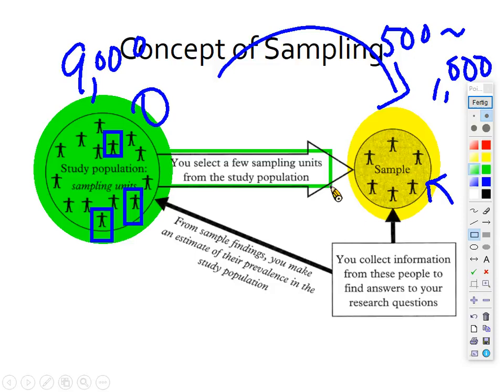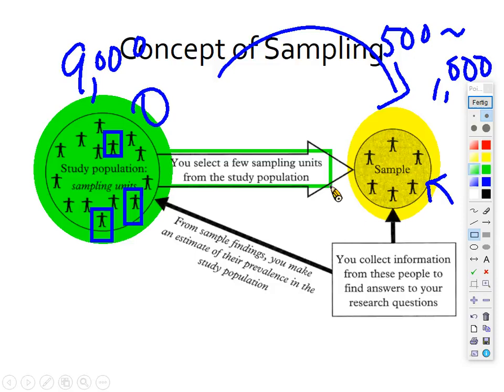So basically, when we judge the quality, the criteria for us to judge whether the sampling strategy is random, we only look at that: whether every sampling unit here has equal chance of being selected by the strategy.